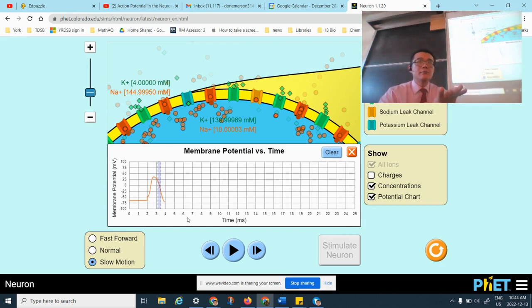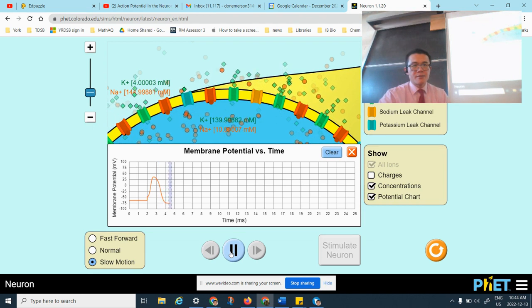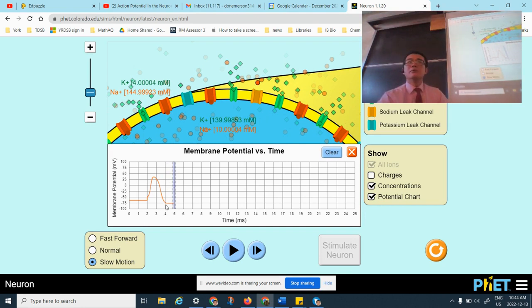Question so far? By the way, what's happening here? Why is this so low? Why is the membrane potential so low? It's less than the resting potential.